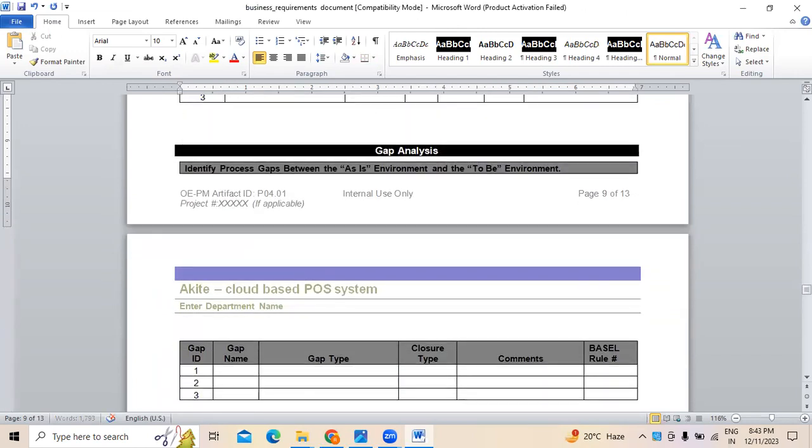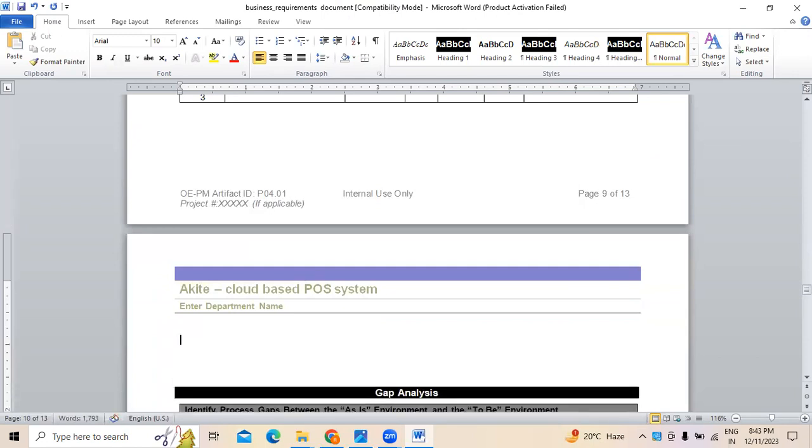What is meant by gap analysis? Gap analysis is nothing but the differences identified between as is and to be.